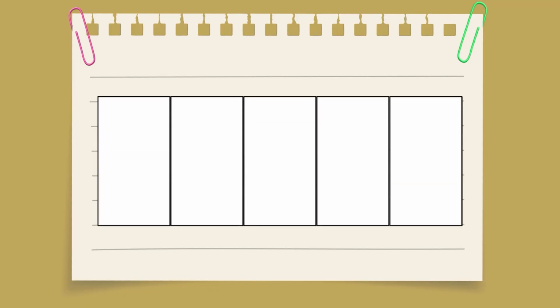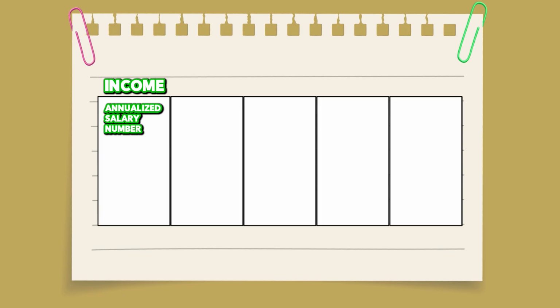Okay, so we talked about 5 columns. What are they? How do I find the information? Let's go piece by piece. Column number 1 is income. Where do you get your money from? If you're a regular W-2 employee, I would use your annualized salary number, including bonuses, including RSU income or any sort of equity income.